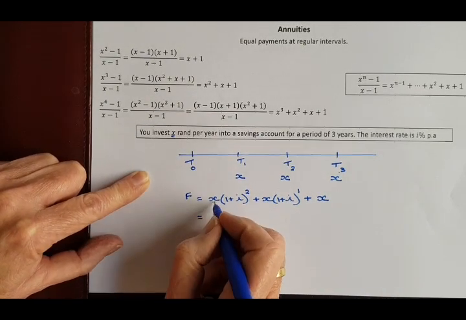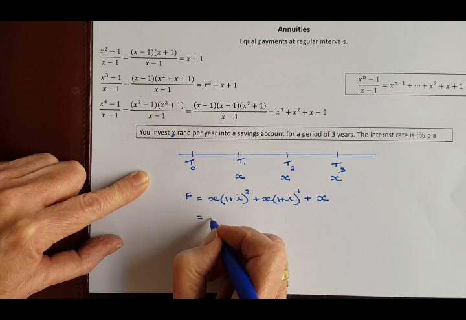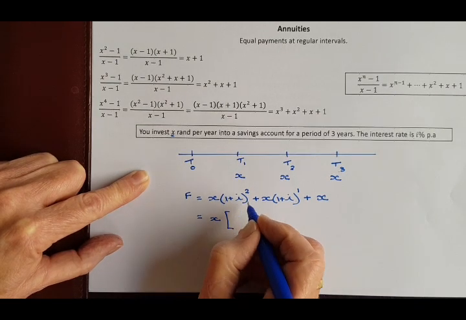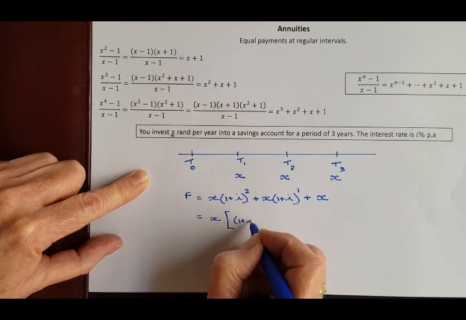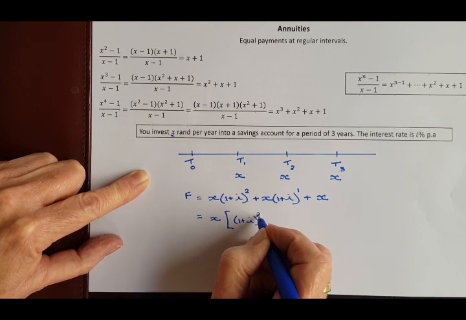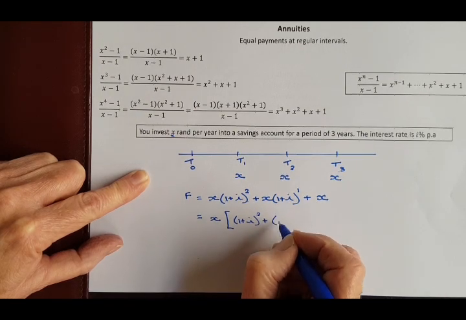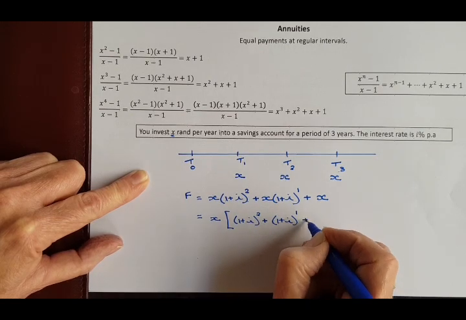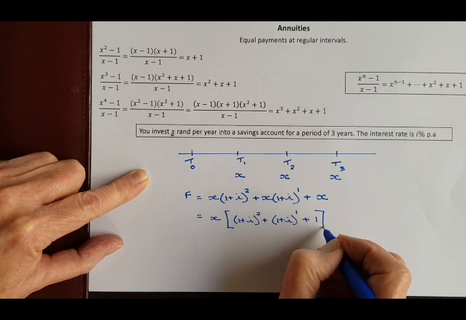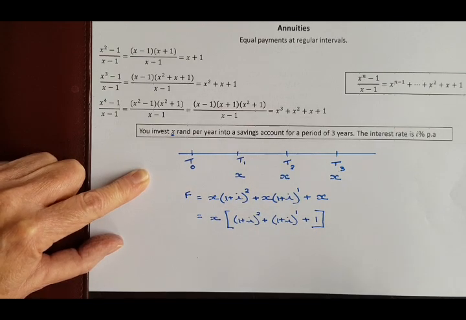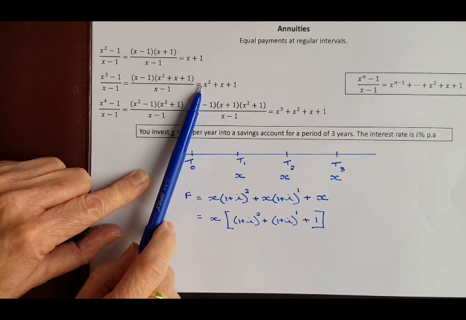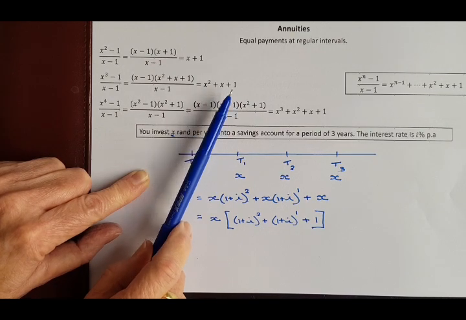Here I have a common factor of x. I'm going to take it out. I land up with 1 plus I to the power of 2 plus 1 plus I to the power of 1 plus 1. Can you see essentially I've got stuff squared plus stuff plus 1.